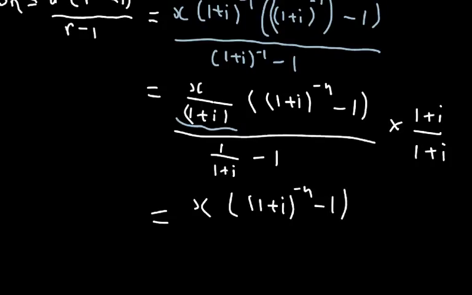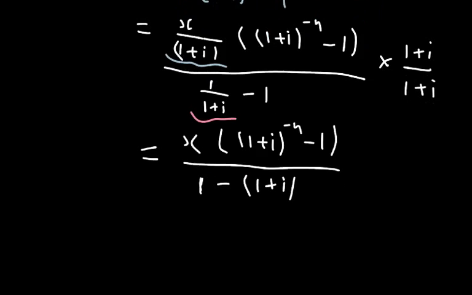Now on the bottom, stuff also gets cancelled out, and what we see is that the 1 plus i goes to the first bit over here and creates 1 plus i over 1 plus i, which actually gives us 1. But then the minus 1 over here needs to be multiplied by 1 plus i as well. So we get that. We're almost there.